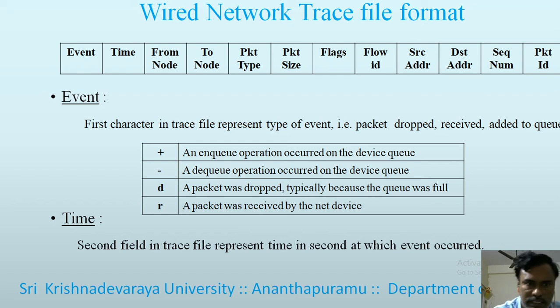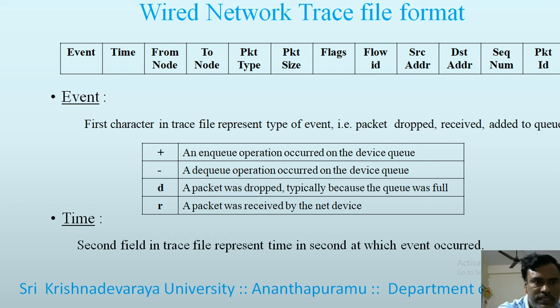Event, time, from node, to node, packet type, packet size, flags, flow ID, source address, destination address, sequence number, packet ID. Small correction: this is the flow ID.